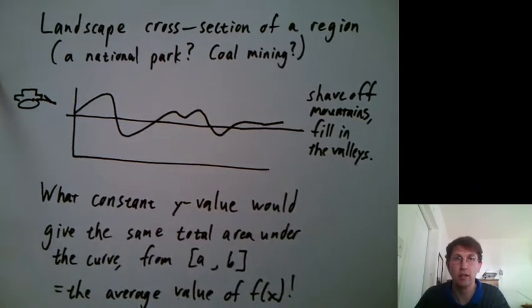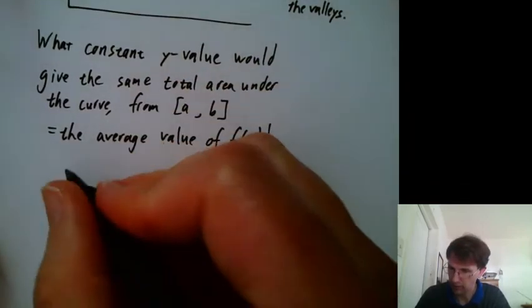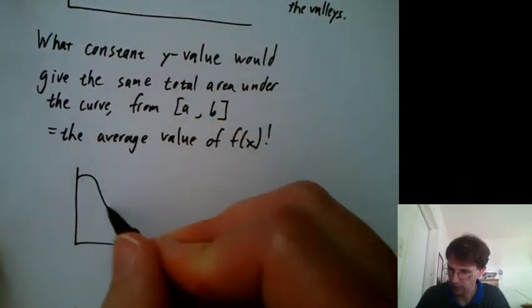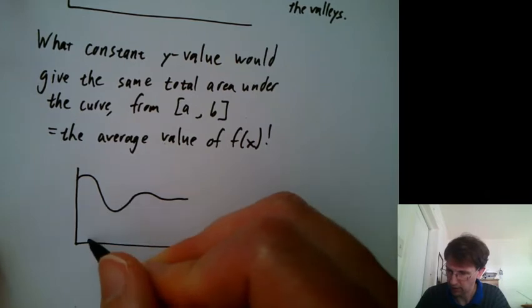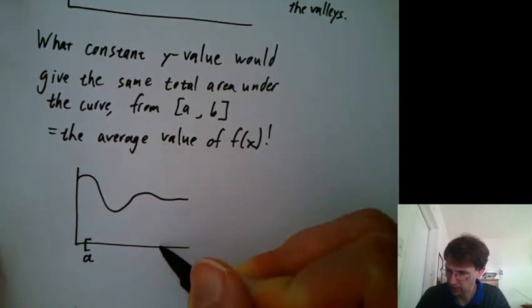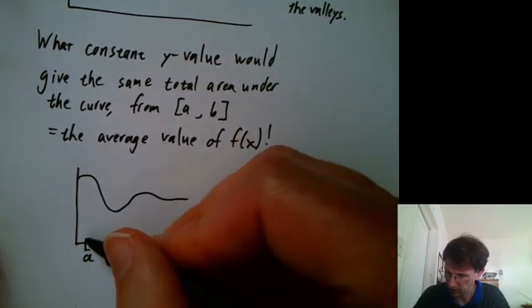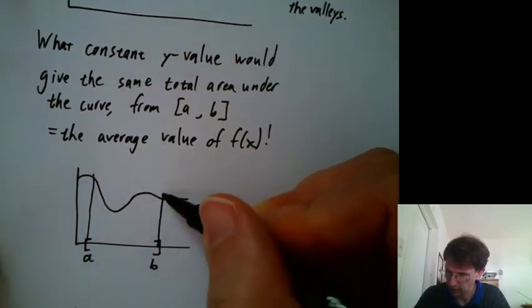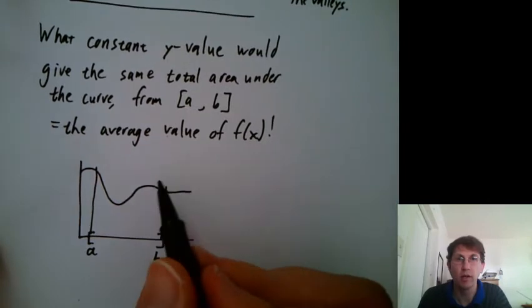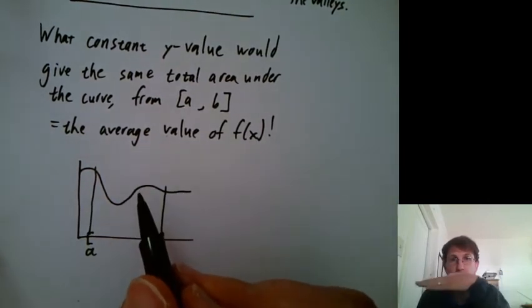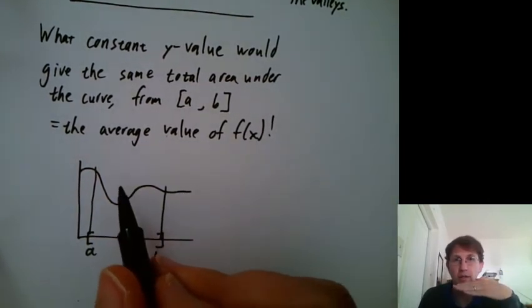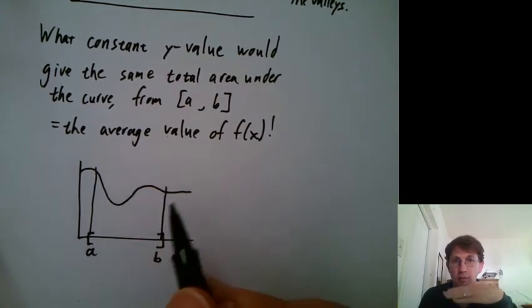So if we draw another function here, and let's say I'm starting here and ending here, I'm asking, consider that total area. What rectangle with a flat top has the same total area from A to B?